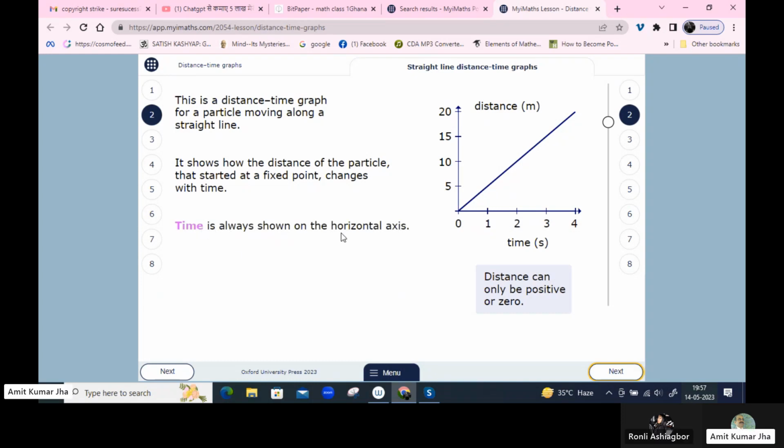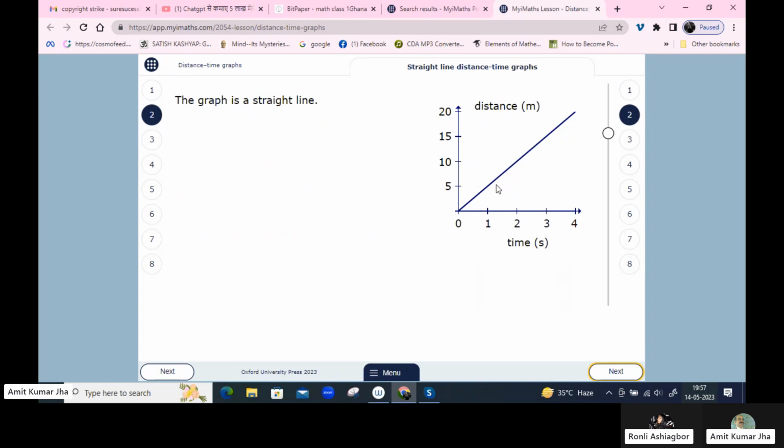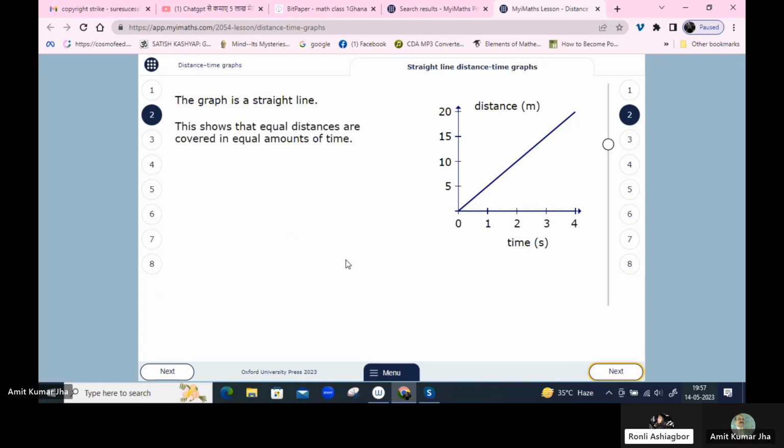Time is always shown on the horizontal axis. Just remember, horizontal axis means x-axis. The graph is a straight line. This shows that equal distances are covered in equal amounts of time. Now see, what is the meaning of this?